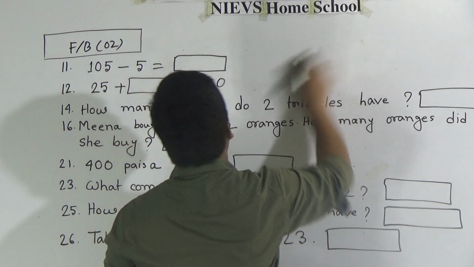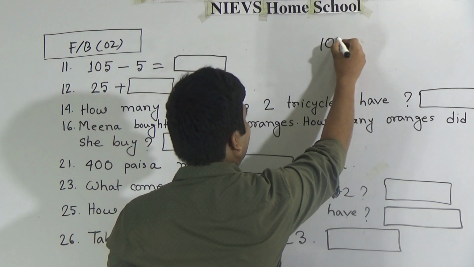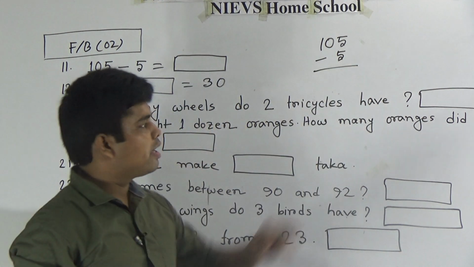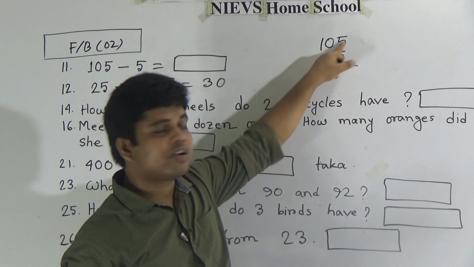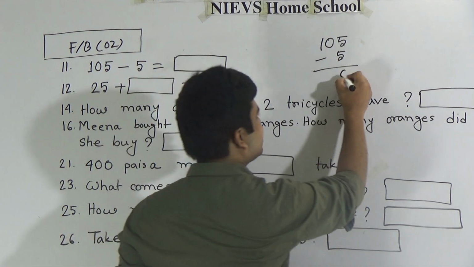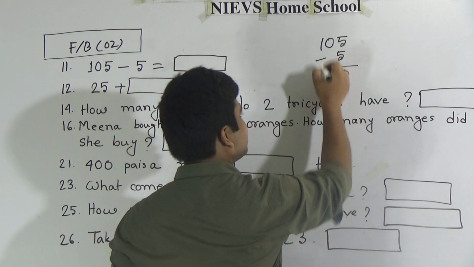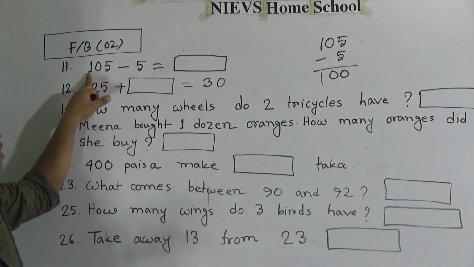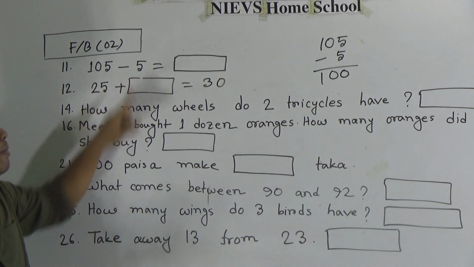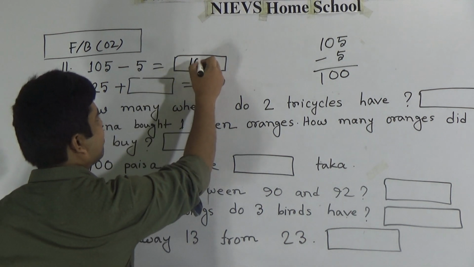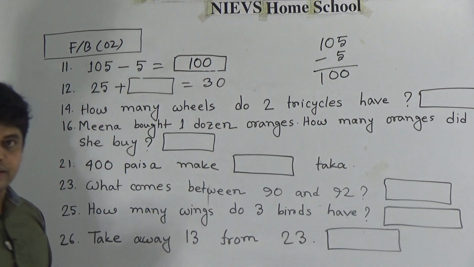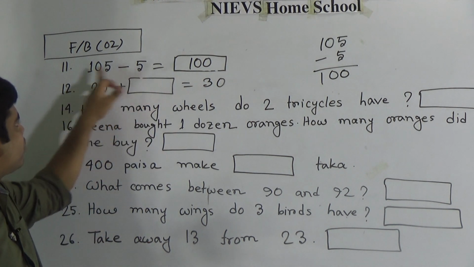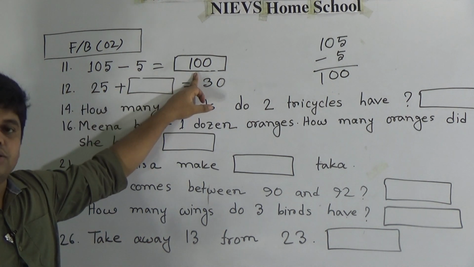So, similarly, we subtract 5 from 105. If I subtract 5 from 5, it will be 0. And this 0 is here and this 1 is here. So, if I subtract 5 from 105, the answer will be 100. I hope you have understood. I repeat again: if I subtract 5 from 105, then I get 100.